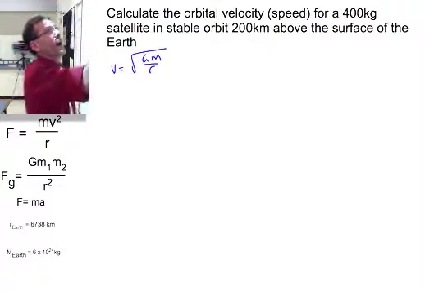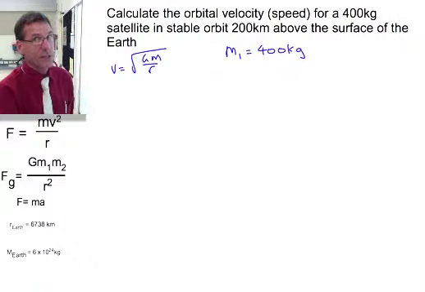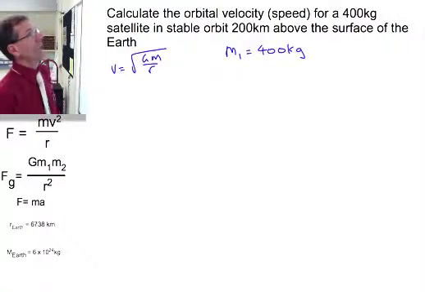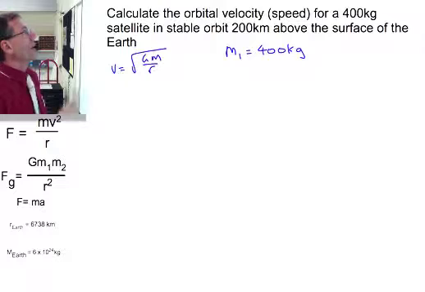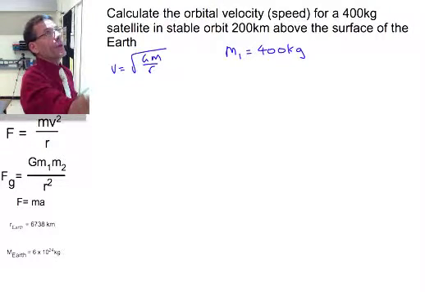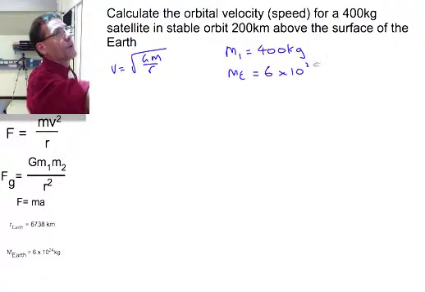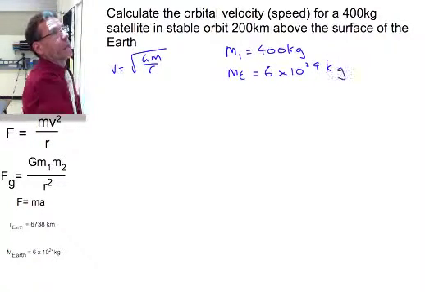Okay, so we've been asked, so the mass of the satellite, which is M1, is 400 kilograms. You've probably already worked out that that's irrelevant. I'm not going to need to write that one down even, because it got cancelled out. There's no M1 in my formula here. Now, the mass of the Earth is 6 times 10 to the 24 kilograms, always making sure that everything is in the correct units.